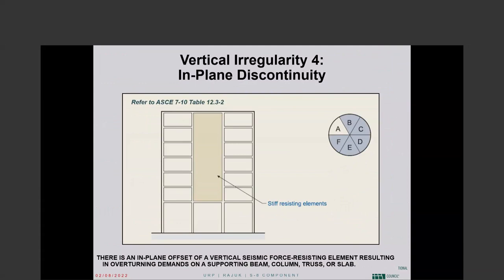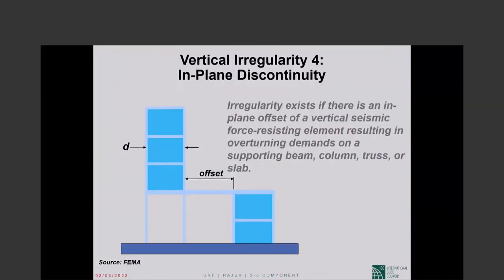Vertical type 4, in plane discontinuity. Okay, this is not an out of plane offset, but in plane. So this was coming down, and then it is discontinued. There is an in plane offset of a vertical element. I think the PIMA picture is better.